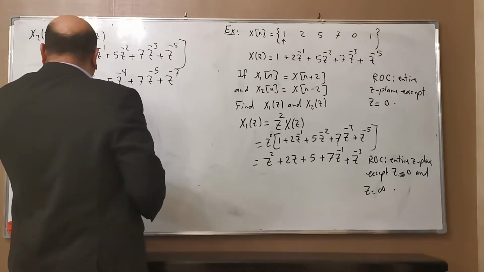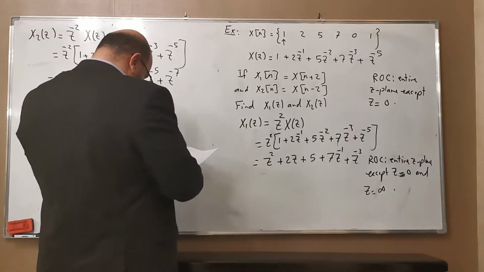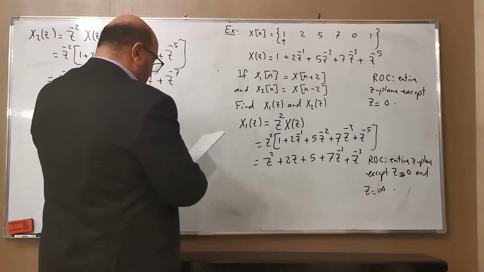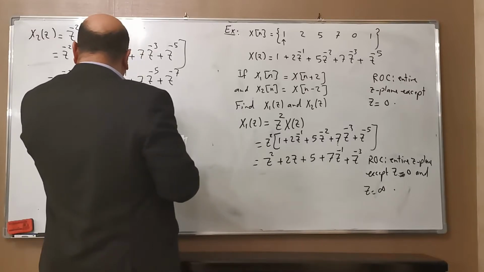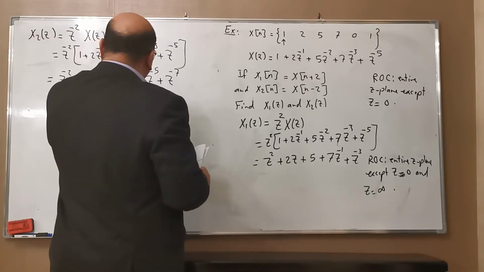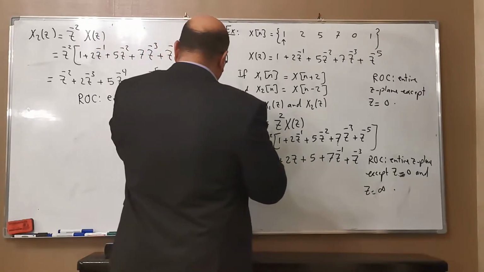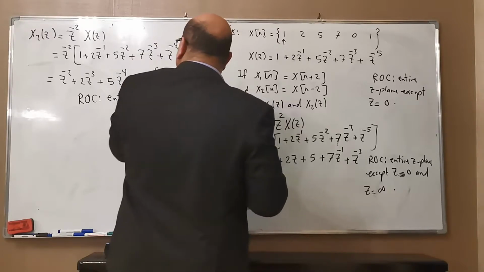And here the ROC is still the entire z-plane except z equals 0.